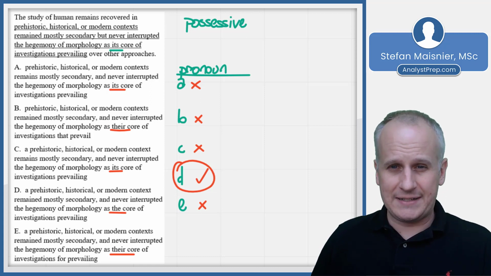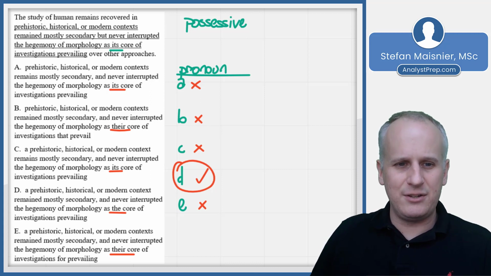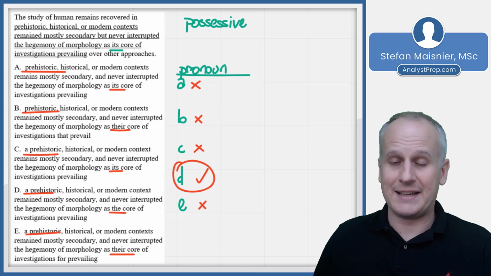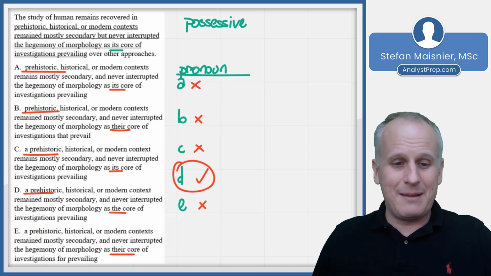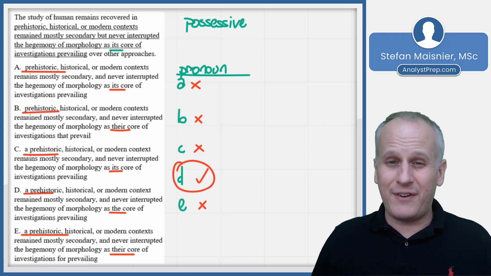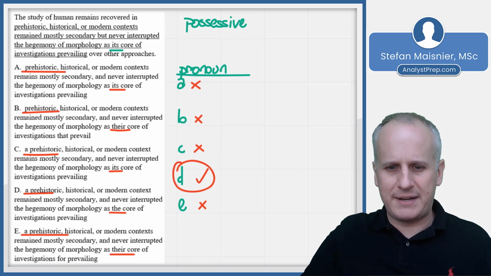It's a strange sentence to be certain, but if you find this one issue, you'll be in a much better position than if you had been evaluating whether it should be prehistoric or a prehistoric modern context. That's going to be a much harder issue to adjudicate. Whereas if you find the pronoun issue, you'll be able to work through this long underline in pretty expedited fashion.